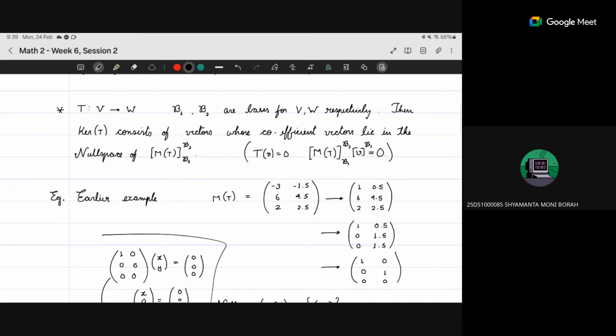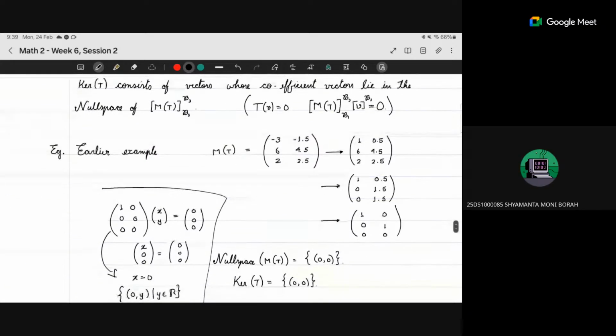Okay, so let's take this example itself. How many pivots do we have? Two, yeah, this and this, right? So the columns corresponding to those vectors should form a basis for the image. Right?